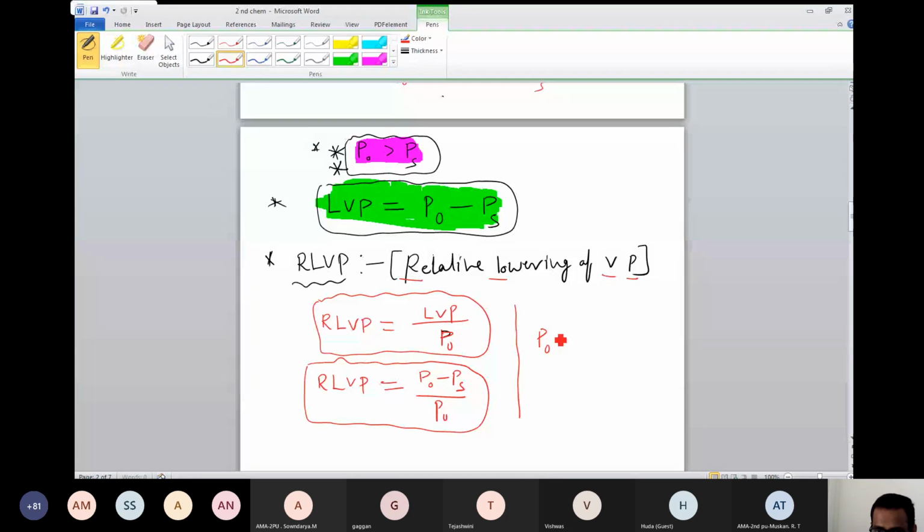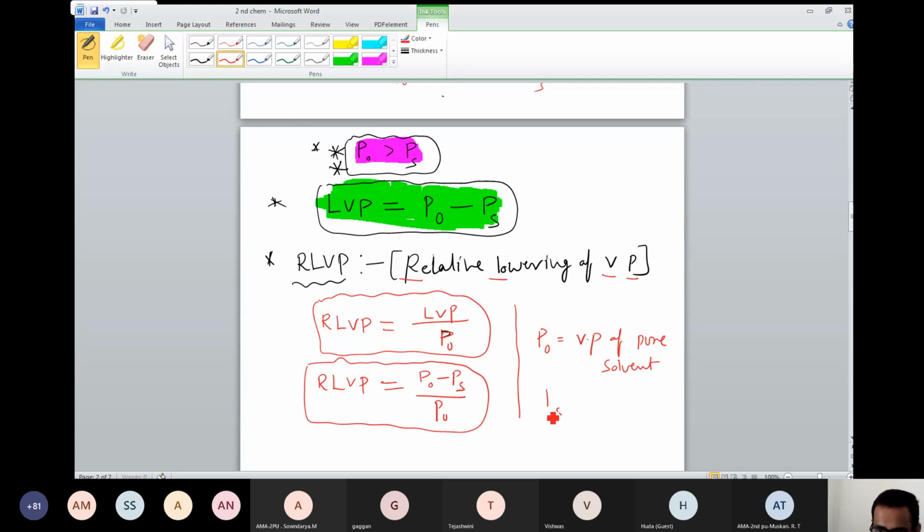P naught is the vapor pressure of pure solvent.